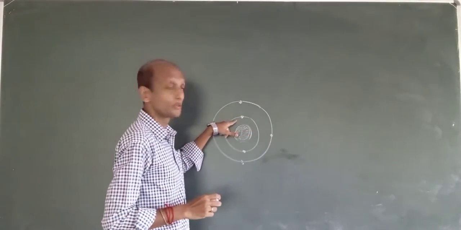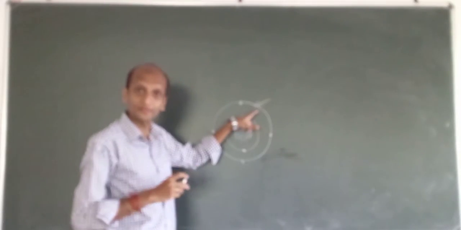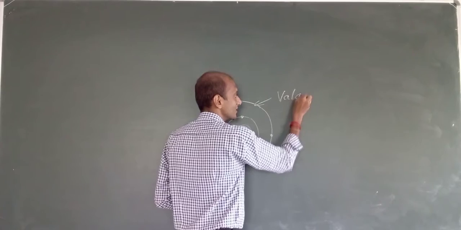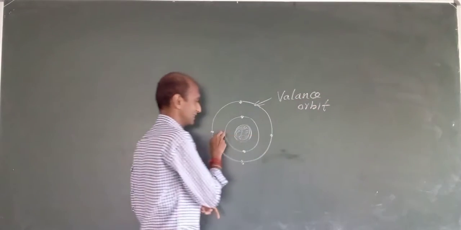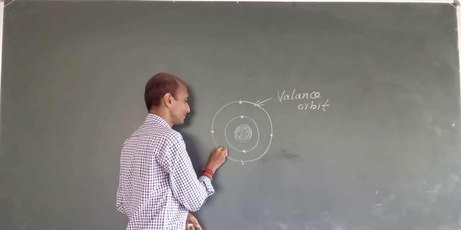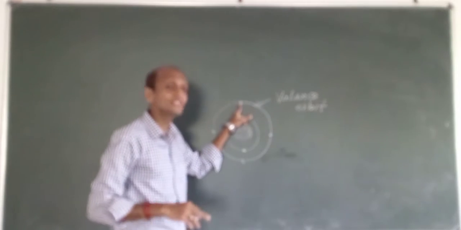So it has two orbits, and this last orbit is called the valence orbit. This is the first orbit, this is the second orbit, and because this is the last orbit, for this particular atom the second orbit itself is the valence orbit.